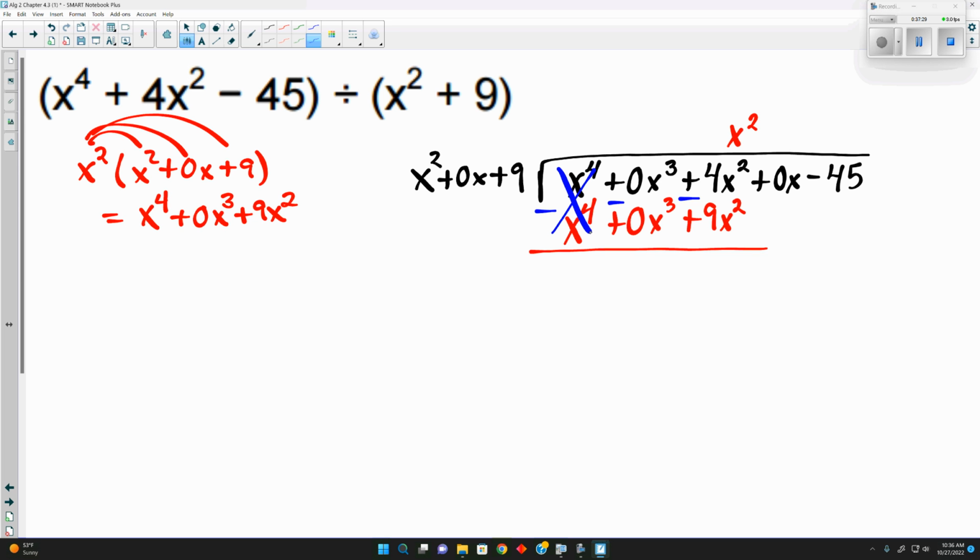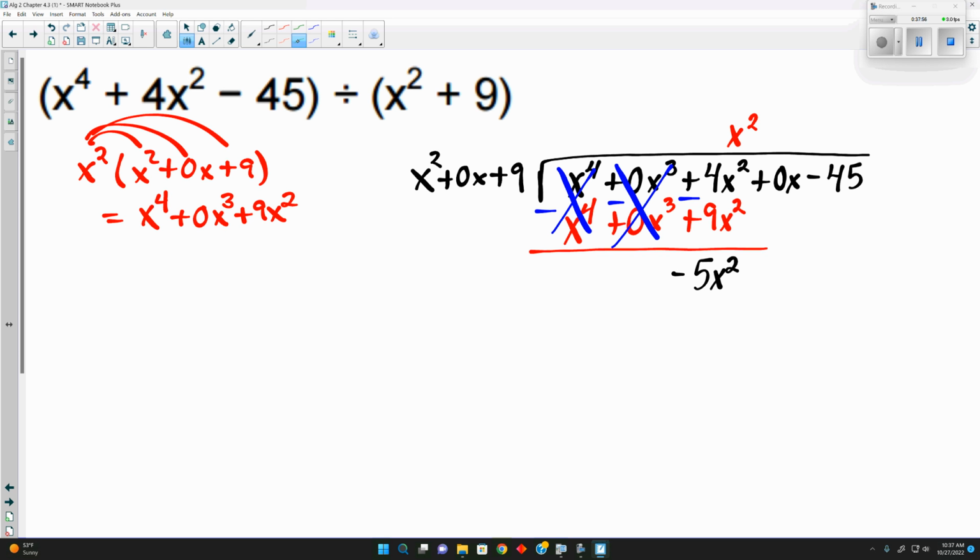So we can technically cross that out if we want. It's just going to make something a little weird here in a second. Now the next thing we have is 4x squared minus 9x squared. 4 minus 9 is negative 5x squared, yes? Any questions on what we've done so far? We good with this here?